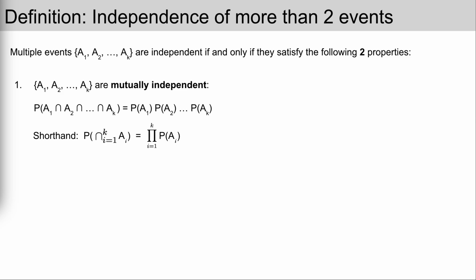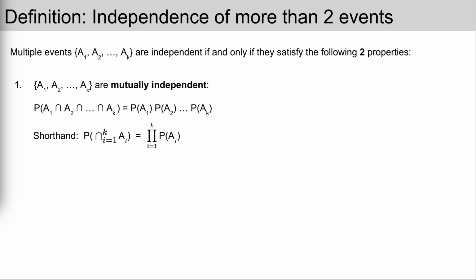On the left-hand side, we can replace the long series of intersections by the intersection of all events Ai from i equals 1 to i equals k. On the right-hand side, we can replace this long product of the probability of all events by this product of the probability of events Ai from i equals 1 to i equals k.